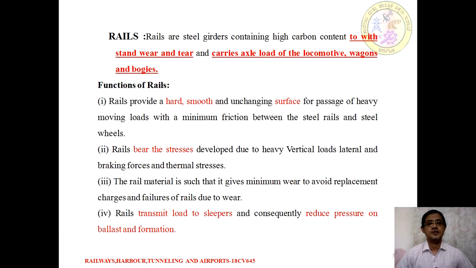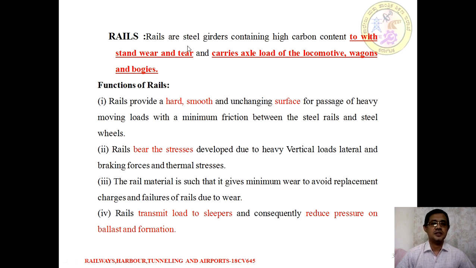Moving on to the definition of a rail. In the previous session, I showed you the components of the permanent way. The first one is going to be the rails. Rails are steel girders having high carbon content. They withstand wear and tear and carry the axial load of the locomotive, the wagon or the bogies.